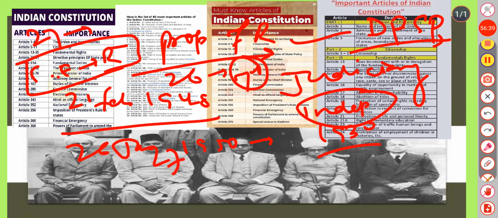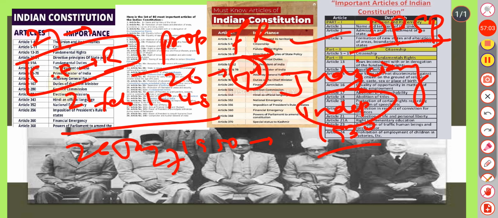Now Article 144, civil and judicial authority to act in aid of the Supreme Court, right? So this is all about Article 144, civil and judicial authority to act in aid of the Supreme Court.